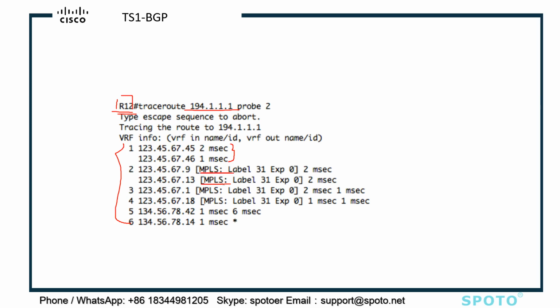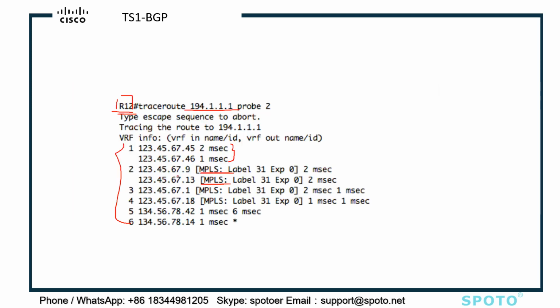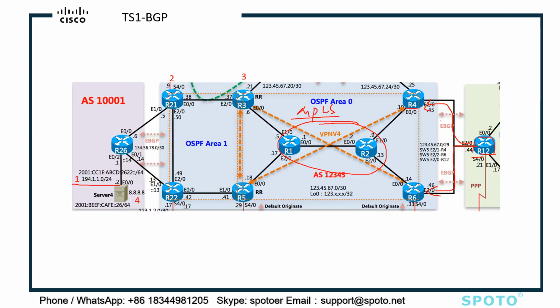So it means when R4 and R6 try to send the packet through this area, and actually we know that this area is the MPLS network, so this packet will be forwarded according to the label. So that we can see here is the 767.9 and .13 here.